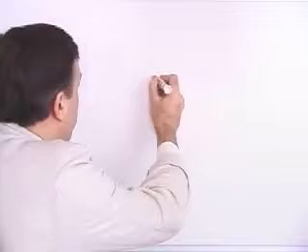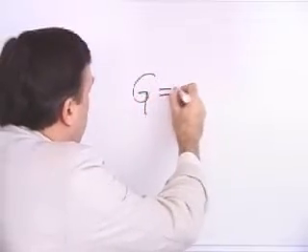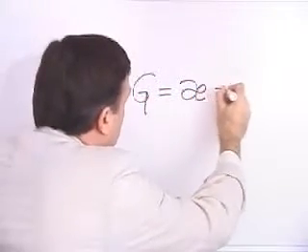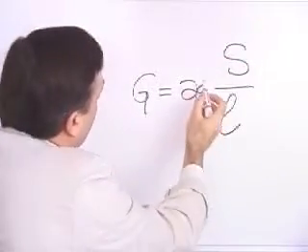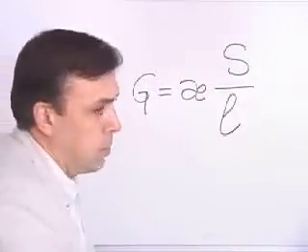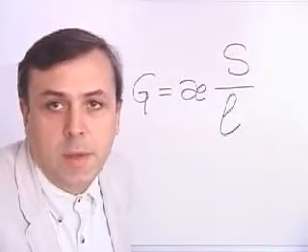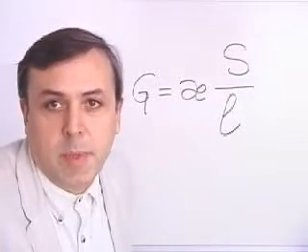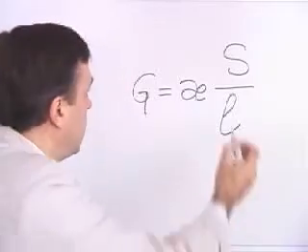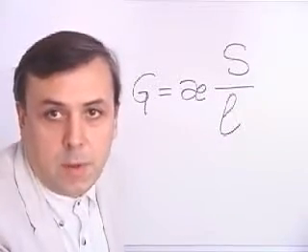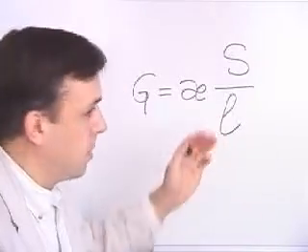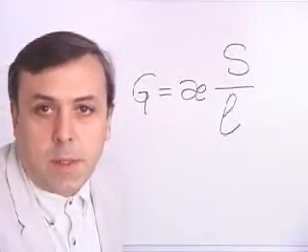Electrical conductance can also be expressed as G equals kappa times S over L, where kappa is the so-called electrical conductivity, or the older term is specific conductivity. S is the surface area of the cross-section of the material through which the current flows, and L is the length of this conductor.